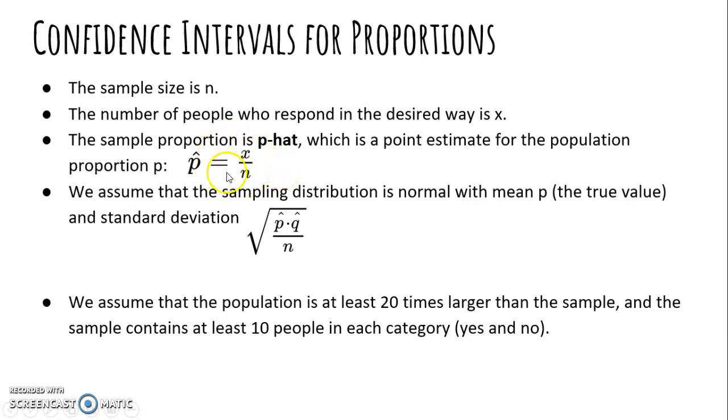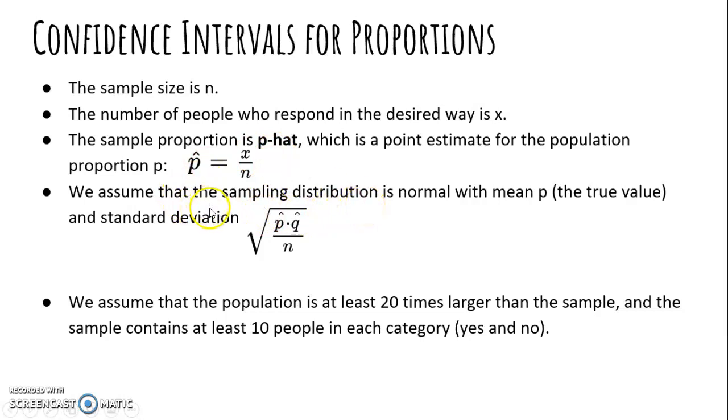and you find that the same way that you would find relative frequency. Basically, you find the number of people that respond in the desired way and divide it by the total. So p hat will be our point estimate that we will use at the beginning of the formula. And remember, for confidence intervals, we take the point estimate and then we add and subtract the margin of error.